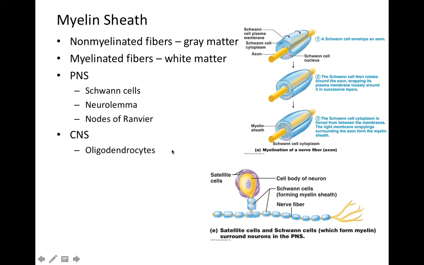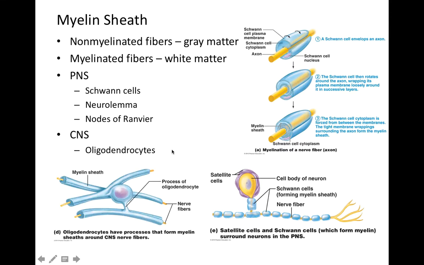Now, in the central nervous system, we have oligodendrocytes. It's going to be set up a little differently. Here, we're going to have one oligodendrocyte that is going to participate in the myelin sheath for multiple neurons. It's the exact opposite of what we see here.